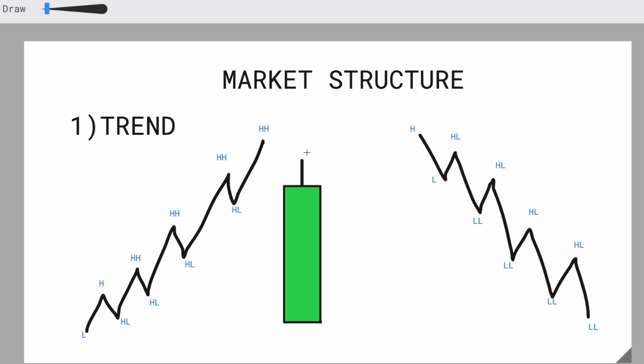And then on a daily candle, this is what we can expect price to do. So I hope you guys understand this. And we can expect this red candle to be a daily candle for a downtrend. So this is a daily candle, and in the 1 hour time frame, we can see higher lows, lower lows, higher lows, lower lows, higher lows, lower lows.